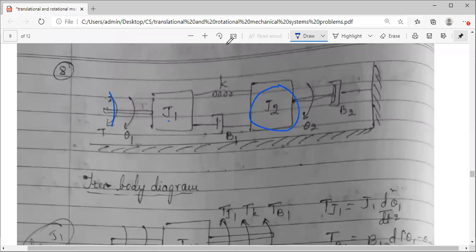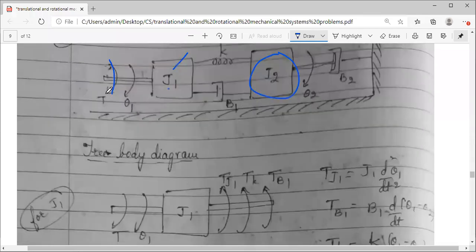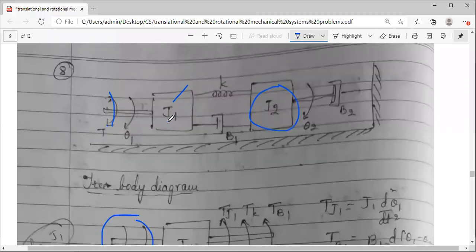Now for the free body diagram, coming to J1, okay, how many torques are there? There is one applied torque, there is a displacement theta 1, and how many elements are there? There is J1 itself, the moment of inertia, it itself will be having some opposing torque TJ1.